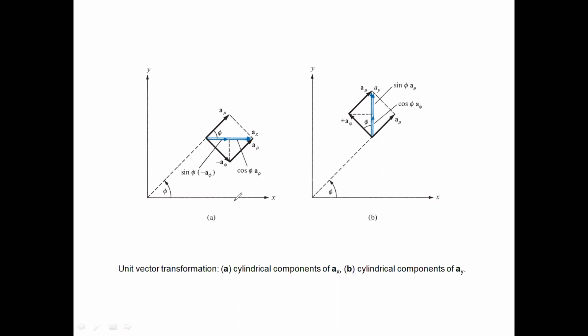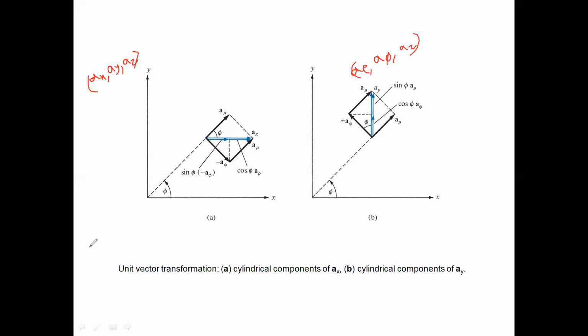Then in the second figure, cylindrical components like A rho, A phi, AZ are related to AX, AY, AZ. Now we will write the equations to get from one system to the other. So let me write the first, the coordinates with respect to unit vectors AX, AY, AZ, and here A rho, A phi, AZ.